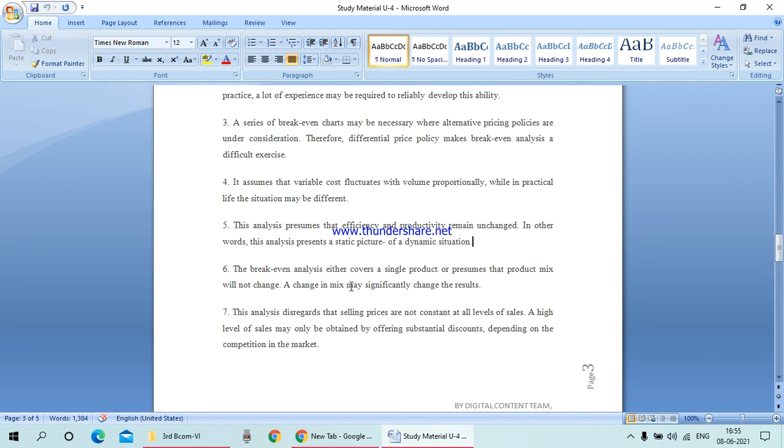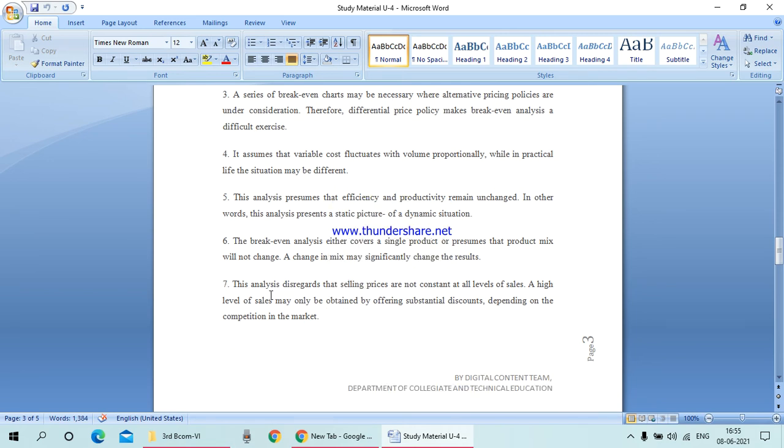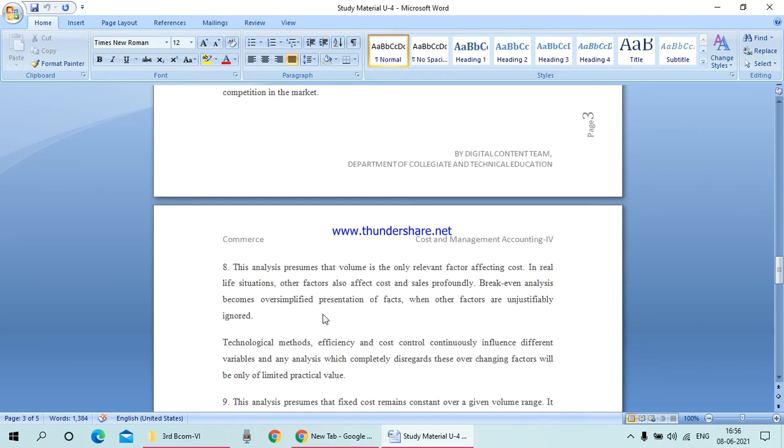A change in mix may significantly change the result. This analysis disregards that selling prices are not constant at all levels of sales. A high level of sales may only be obtained by offering substantial discounts depending on the competition in the market.